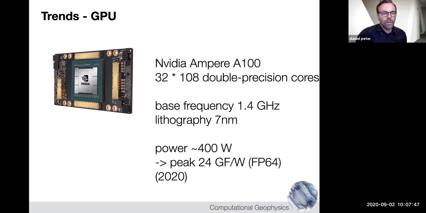Good. The newest GPU chip they have is the Ampere A100. You see the power still increased in terms of double precision. The energy efficiency actually decreased slightly. But these new chips are more and more made for machine learning now.